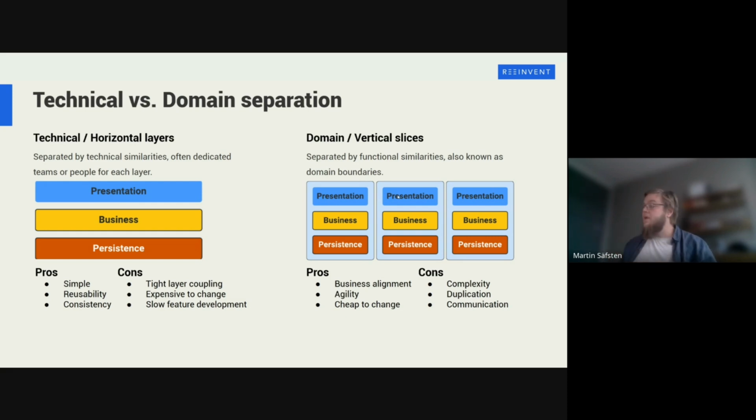And agility is also a pro here. In contrast to technical slicing, because it's vertically sliced, everything is a smaller scope. Everything should be nicely isolated from each other, or at least roughly. Changing something doesn't mean that you have to deal with a whole big system with dependencies all over the place.